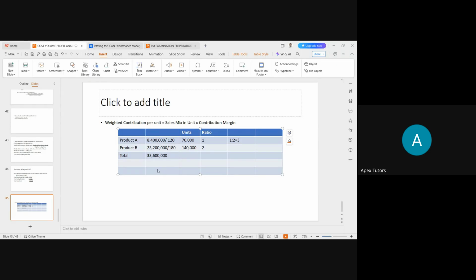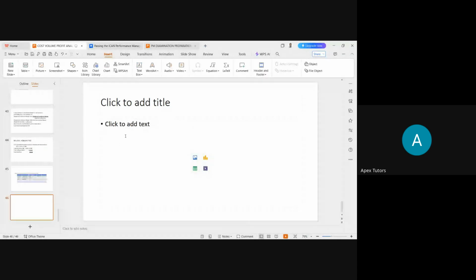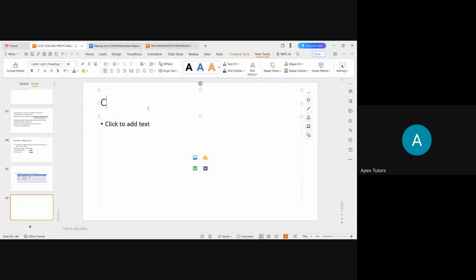Now, the first thing we are to do is to move ahead to get the weighted contribution per unit, or the contribution per unit, let me put it that way. To get the contribution per unit, then we arrive at our weighted contribution per unit.